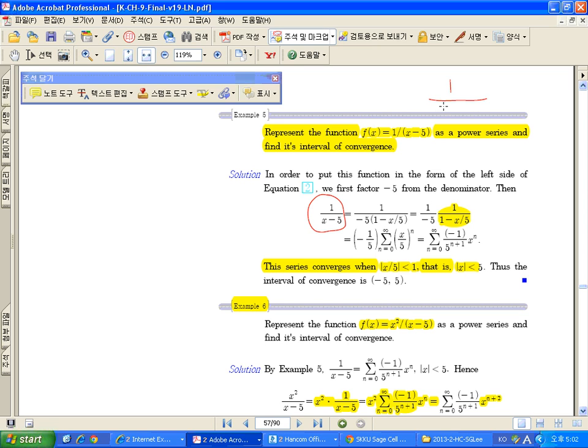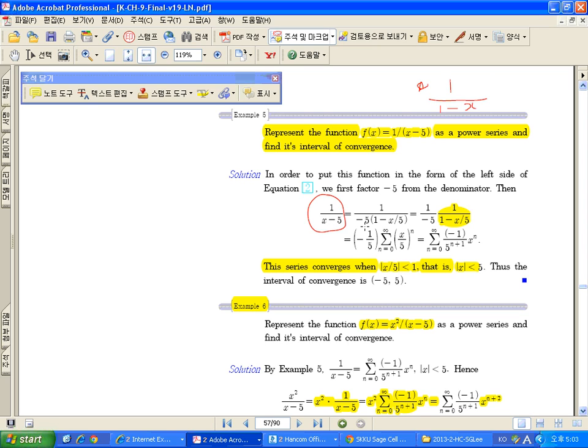We know we have 1 over 1 minus x like this. So if we want to use the knowledge of the power series of this one, then we just change this and replace x by x over 5, something like that. So let's try to manipulate this into this form.